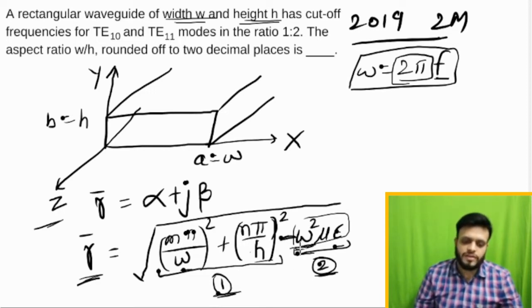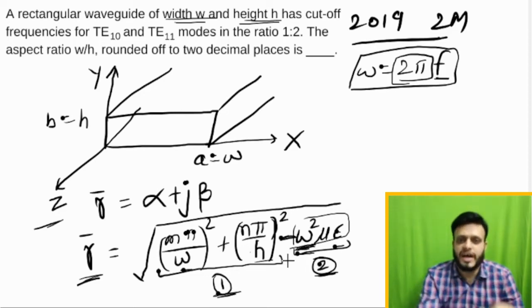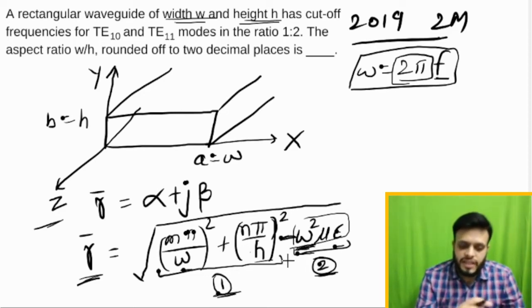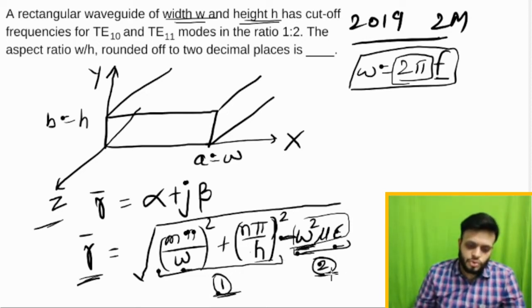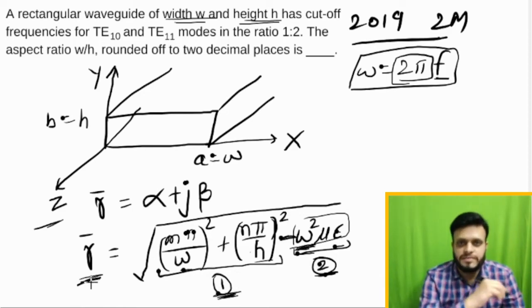And when the value of omega is very high, that is, we are operating at a very high frequency, then 2 becomes greater than 1 and the value of your propagation constant will become imaginary.